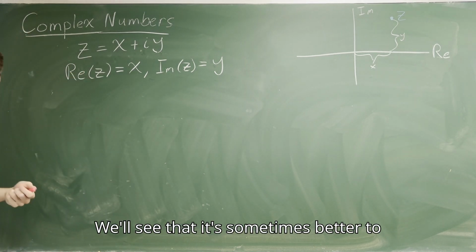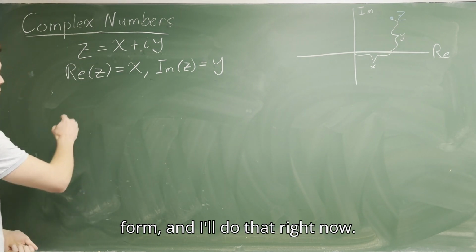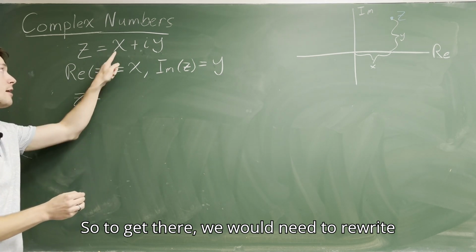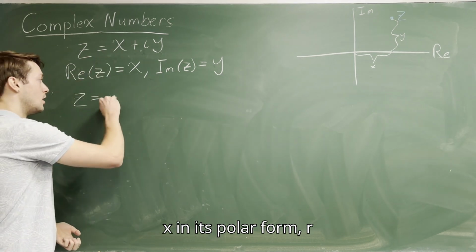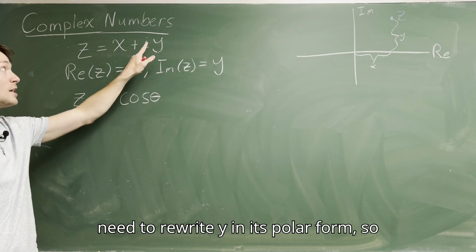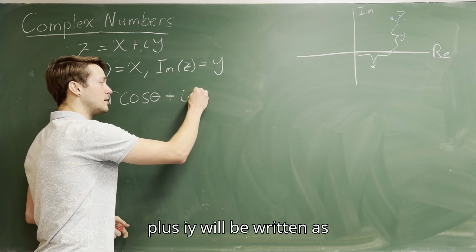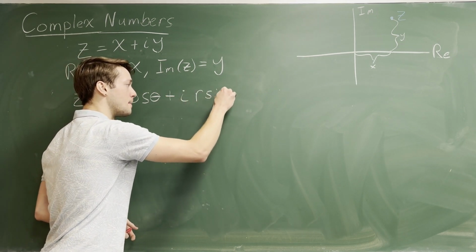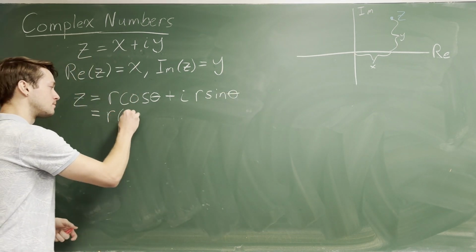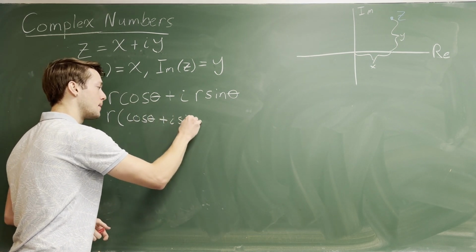We'll see that it's sometimes better to write these complex numbers in a polar form, and I'll do that right now. So, to get there, we would need to rewrite x in its polar form, r times cosine theta. We would need to rewrite y in its polar form, so plus i, y will be written as r times sine theta. We can factor out the r. Cosine theta plus i sine theta.